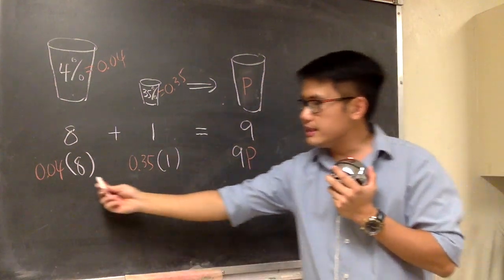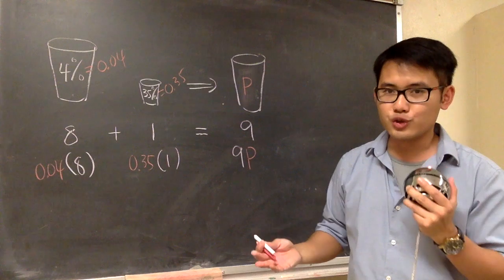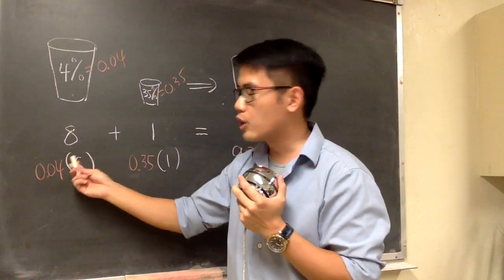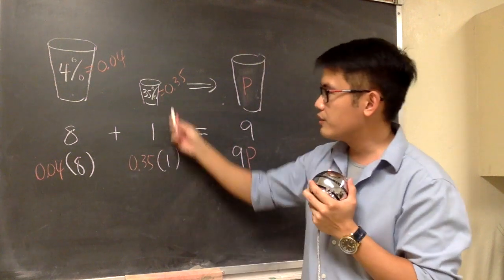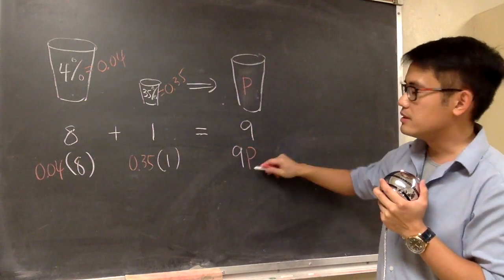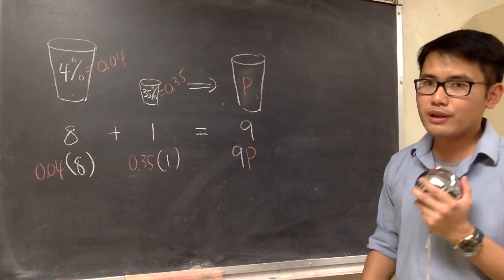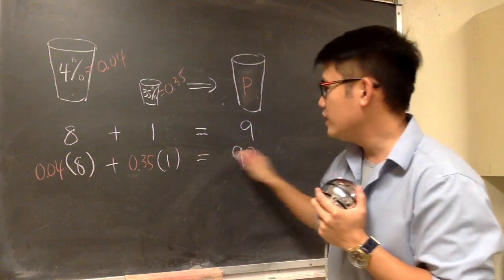And this equation represents the actual amount of alcohol that we're consuming. This is how much alcohol we're getting from this drink, and this is the alcohol that we're getting from this drink. At the end, we have to make sure we get 9 times P. This is the alcohol for the final drink. With that being said, we are going to add this up and then make it equal.